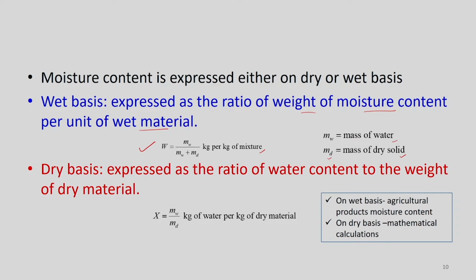And if we are interested in dry basis, it is expressed as the ratio of water content to the weight of the dry material. Mathematically, it can be expressed as x is equal to mW over md, which is kg of water per kg of dry material. Normally, agricultural products are analyzed based on weight basis, and when mathematical calculations are involved, then dry basis calculations are considered.